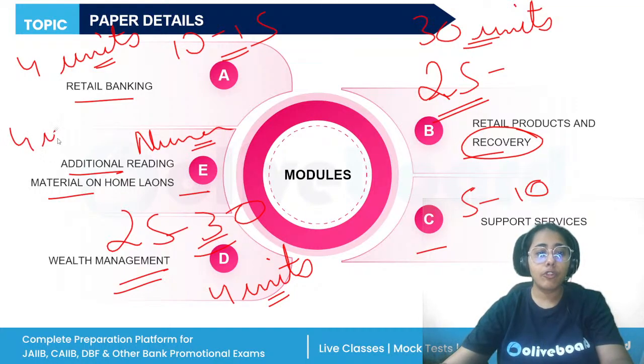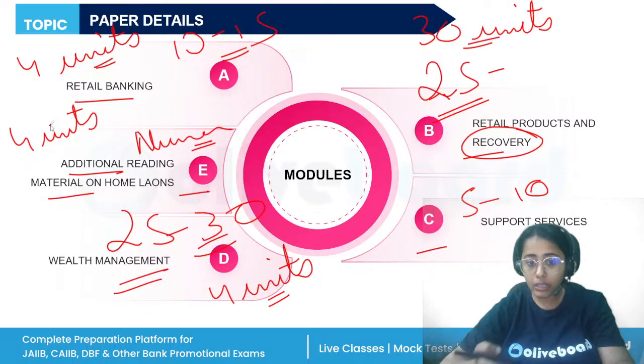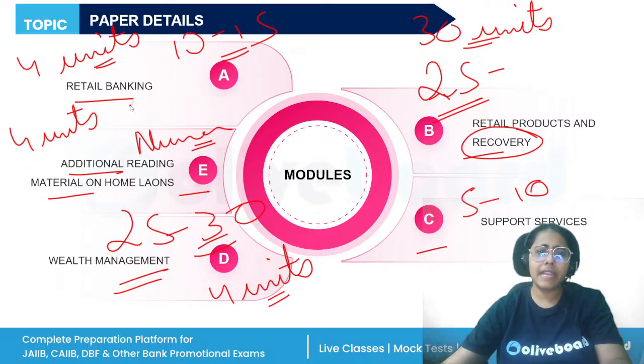There are four units in your module E. You'll be studying about the valuation of the mortgage property, the time value of money, annuity, annuity due, capital gains, short term and long term, and numericals are also asked. And from here also you can expect around 15 mark questions.